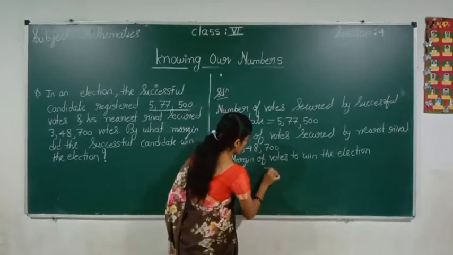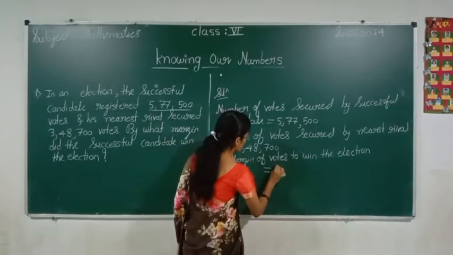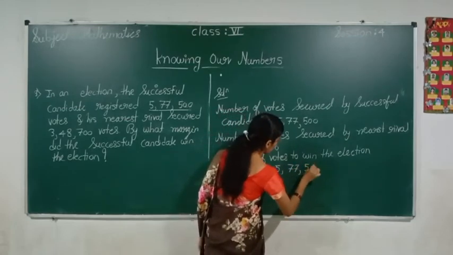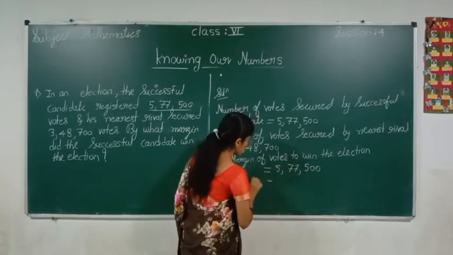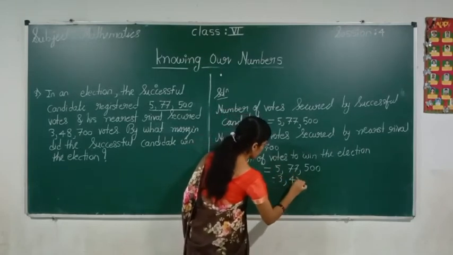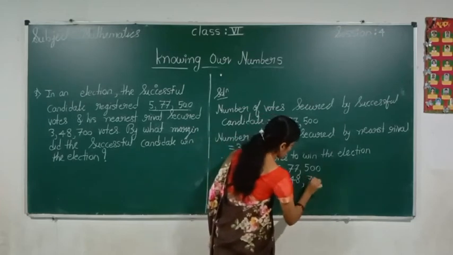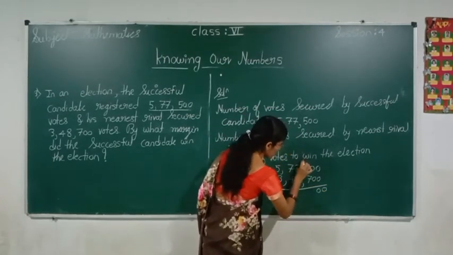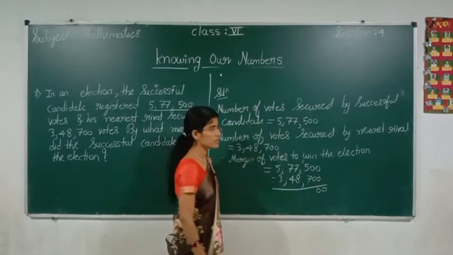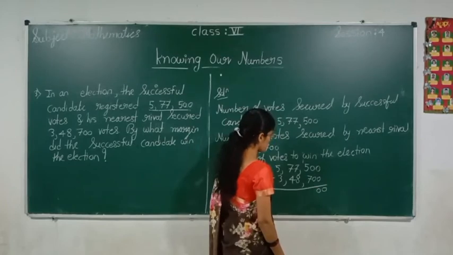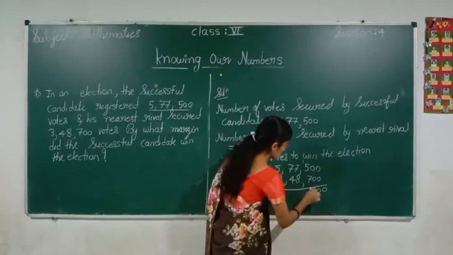Now see, it is equal to 5,77,500 minus 3,48,700. Here 0, 0. 15 minus 7 is 8.